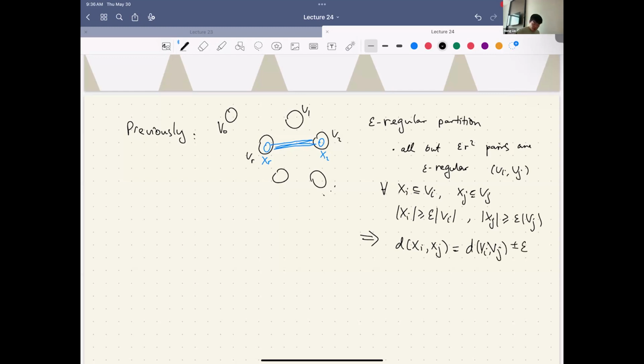Same thing, right? So up to a plus minus epsilon, density of large subsets are the same as the original one.